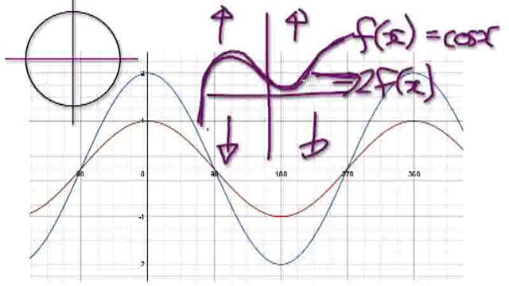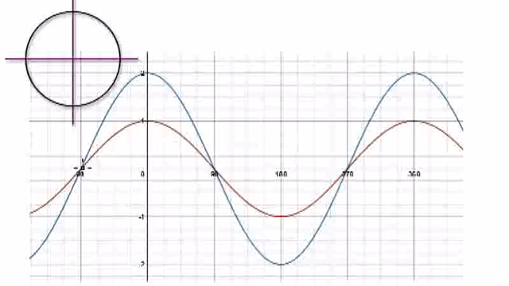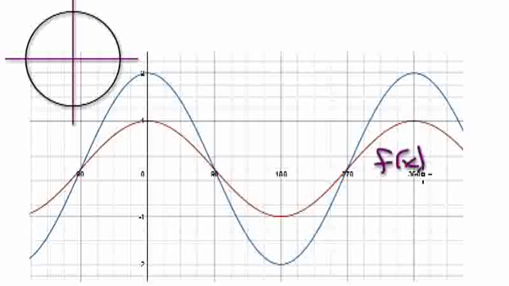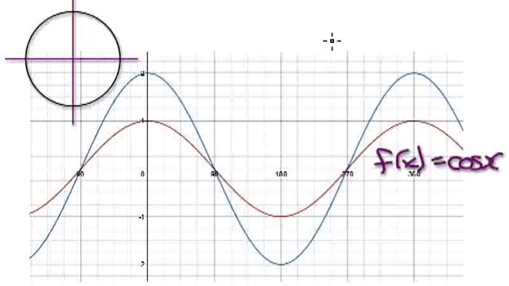Remember this from our section on transformation. My point is that this red line here is a function, and the function here is cosine of x. Now the blue line here is 2 cos x.